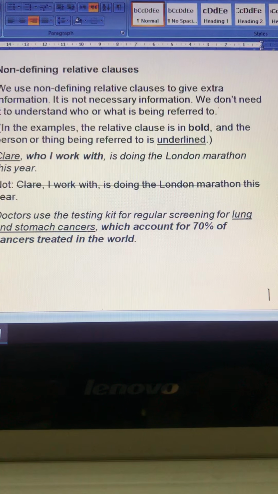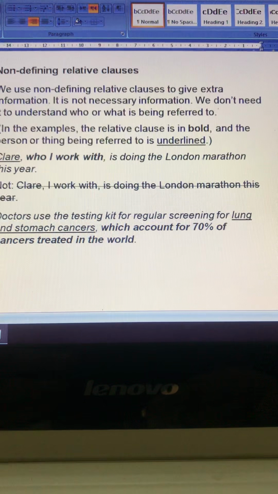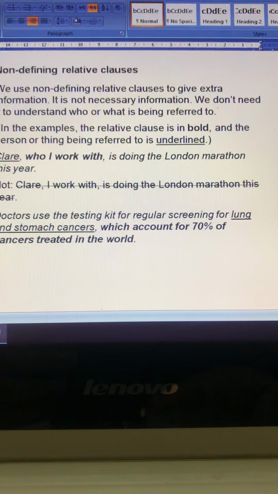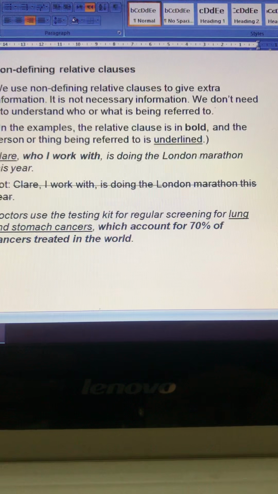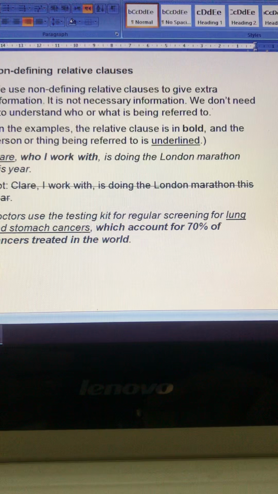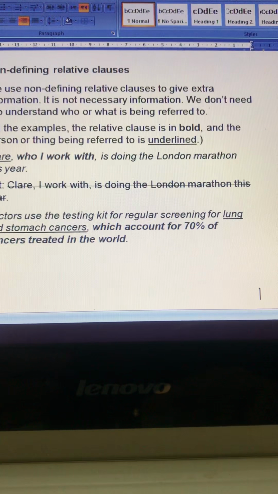This is a non-defining relative clause, which gives extra information, because doctors use the testing kit for regular screening for lung and stomach cancers is enough to understand what the doctors are going to do or what they are testing.